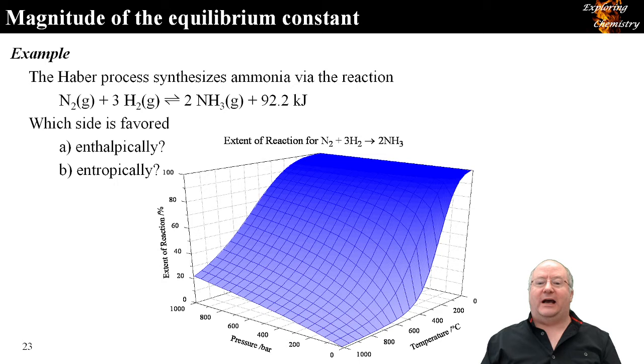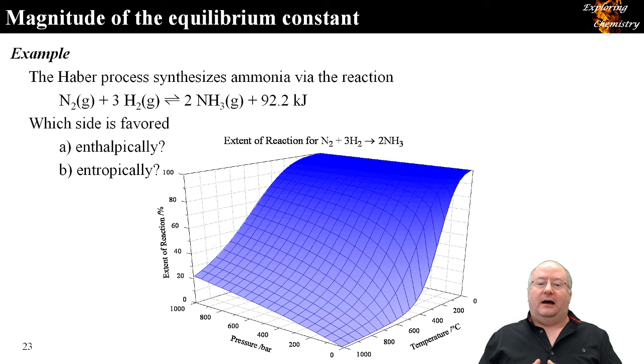It's very much like the iron and oxygen. It would like to form rust, but the barrier to that process is just too high under ambient conditions. This reaction, the Haber process, is run at around 350 to 450 degrees Celsius, where the extent of reaction is around 40 to 70 percent.